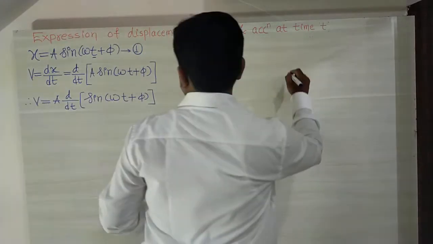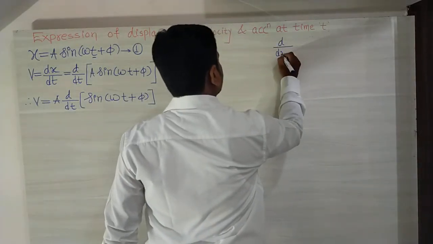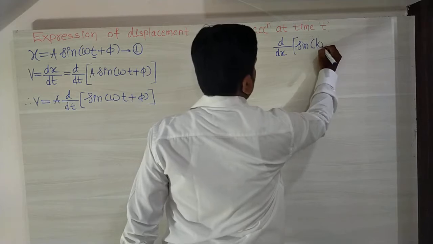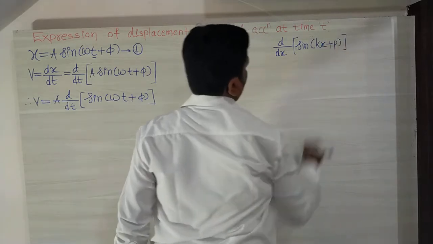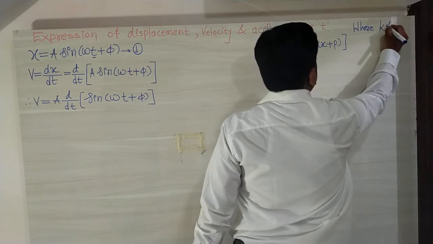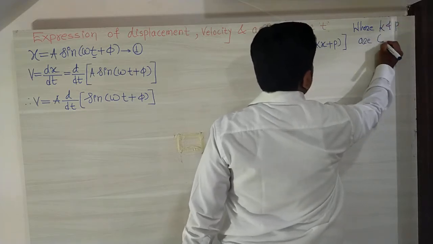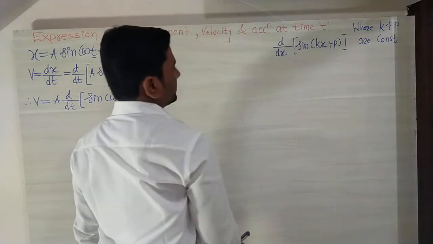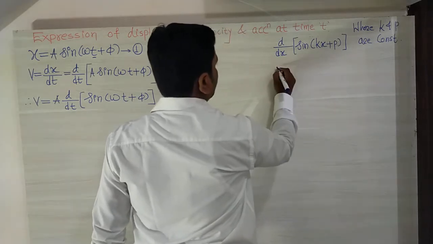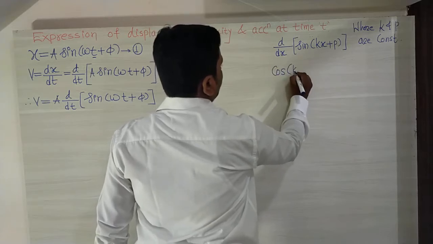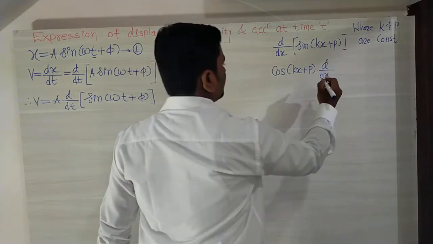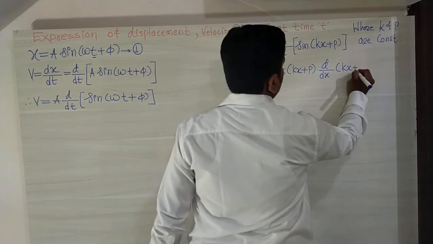So let us understand the rule first. d by dx of sine of kx plus p, where k and p are constants. The derivative of sine of kx plus p is cos of kx plus p into the derivative d by dx of kx plus p.